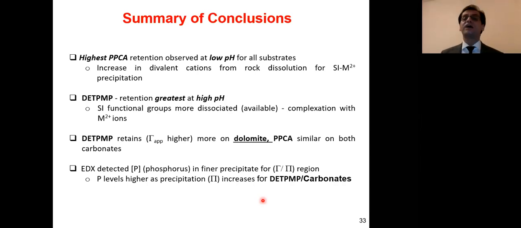DETPMP retains more on dolomite, while for PPCA in both systems, calcite and dolomite are more or less the same. And EDX detected some phosphorus in the final precipitate for the coupled adsorption precipitation region, and phosphorus levels are higher as precipitation increases for DETPMP and carbonates.